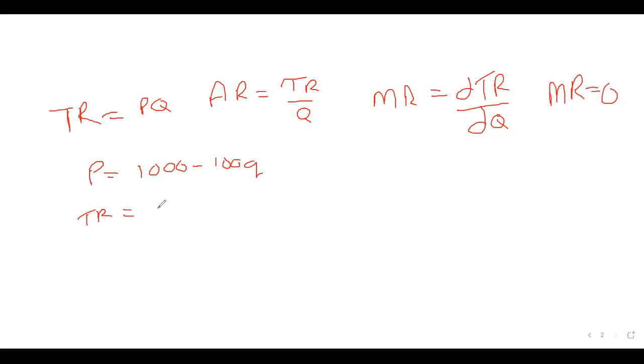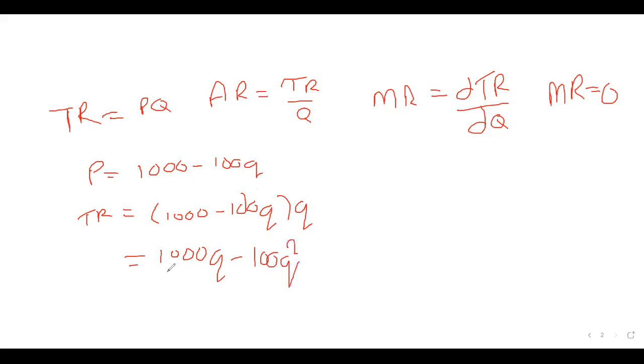We're already given our price here as 1000 minus 100Q. The Q is never given, you just input it here. So when you expand that, we're going to have 1000Q minus 100Q squared. This is called our total revenue.